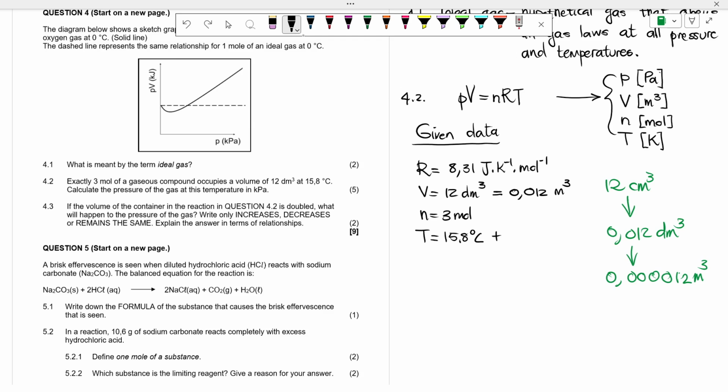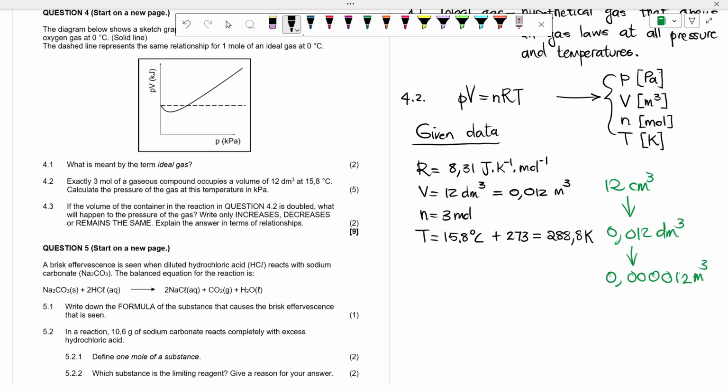Or you add it to 273. Oh yes, we add 273 to that. We get how much? 288.8. Now it's in Kelvin.